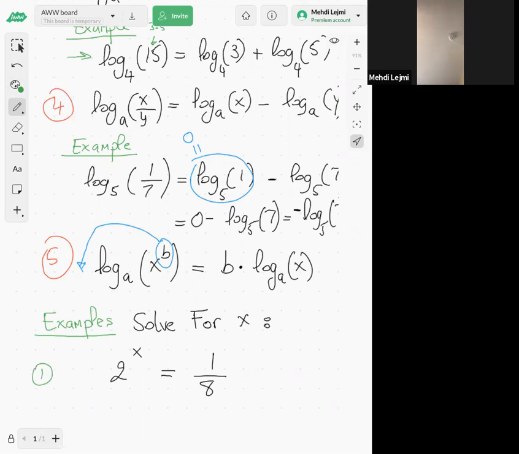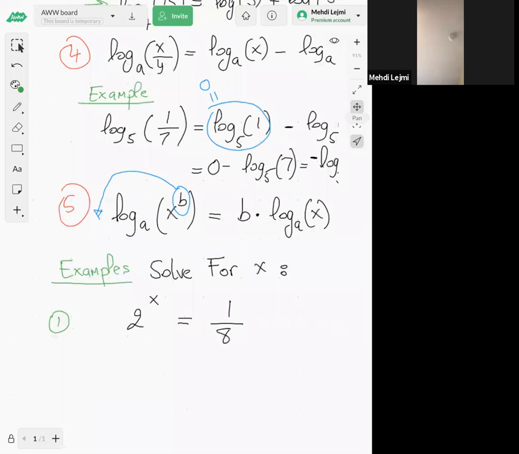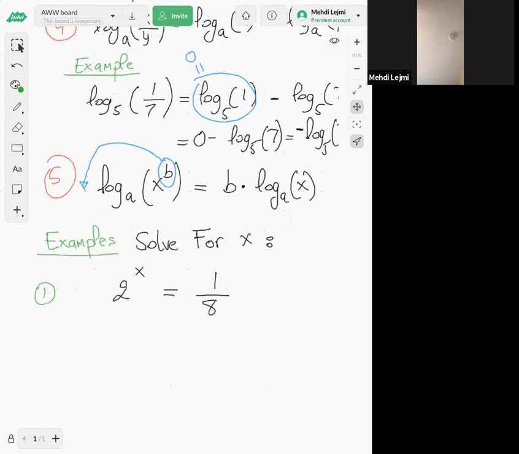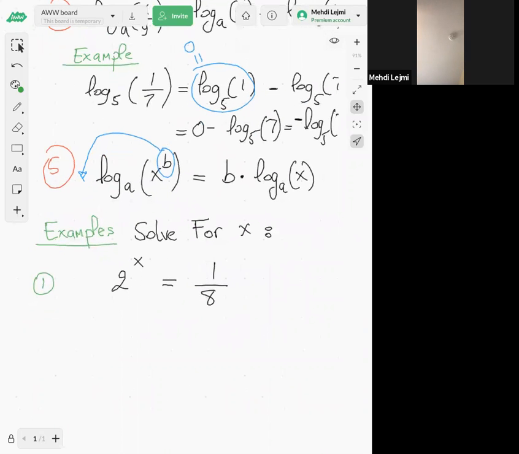Well, first, this is an exponential in base 2, so we have to apply a log.